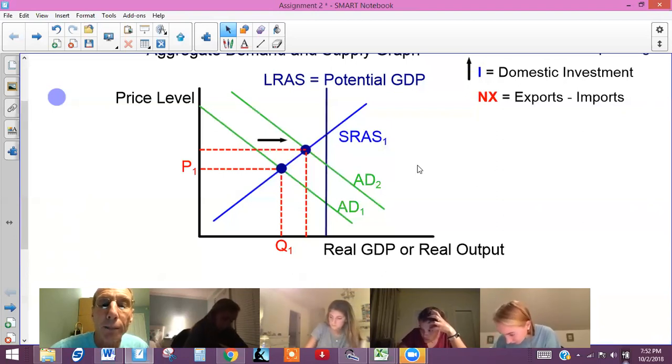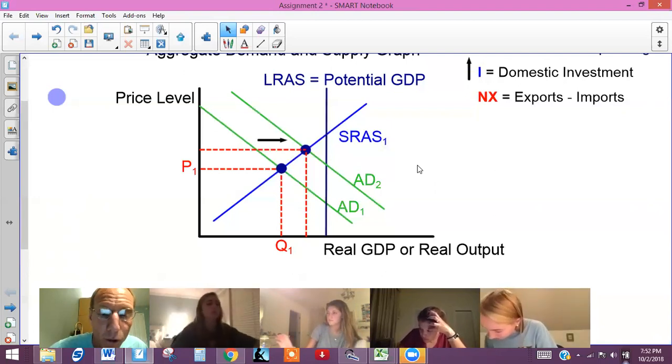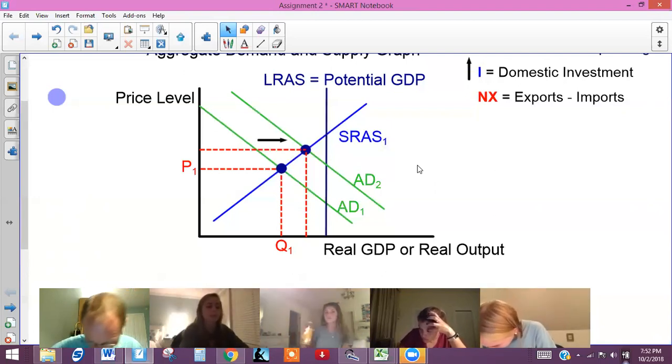Okay, so you're going to get imports going up, and then typically, almost always, if imports go up, exports go down. Now, exports go down. This is complicated, so I'm not going to confuse you with it, because we really haven't gotten there yet.